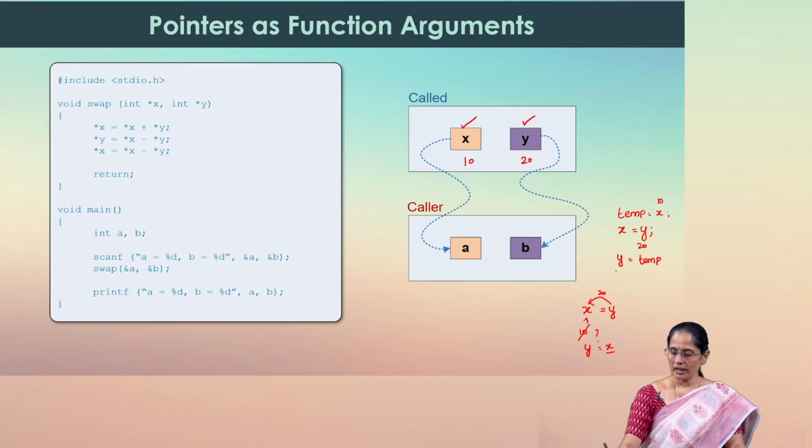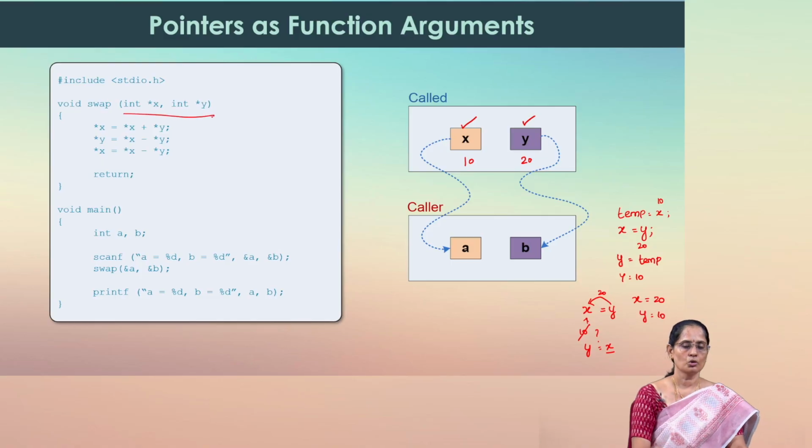Now y can take the value 10. So, at the end of the execution we can see that x now takes the value 20 and y takes the value 10. So, there is a swapping being done with a third variable introduced, right.